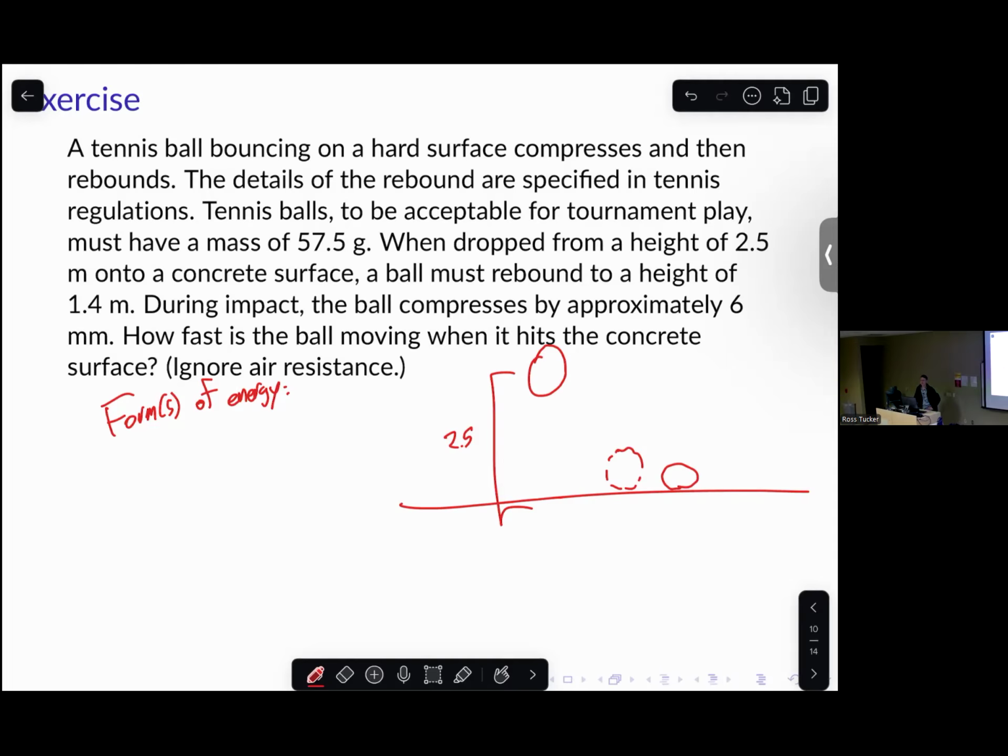So the ball compresses by about 6 millimeters, from the middle here to the middle there, its lowest point. And then it's moving upward, springing off as the bottom fuzz leaves contact with the ground, and then it goes up to some final height.